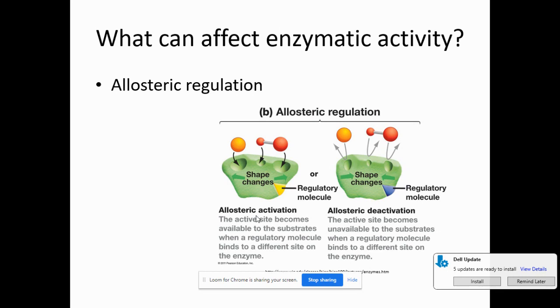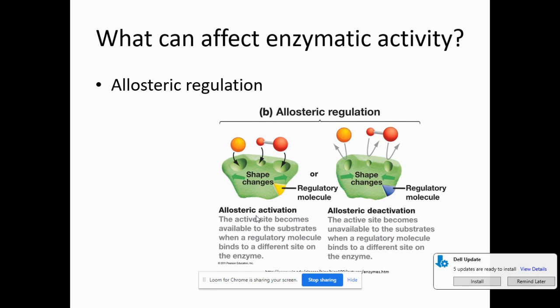Okay, so allosteric regulation could be an example of activation. Okay, and so when you have allosteric activation, the active site becomes available to the substrates when a regulatory molecule binds to a different site on the enzyme.